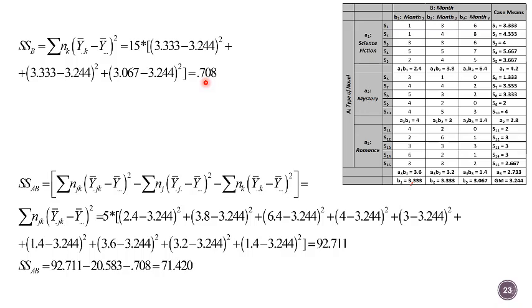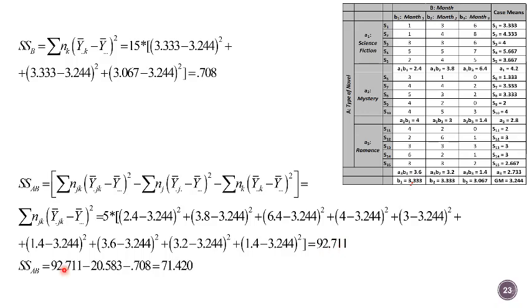Once we have all that, for AB, we're going to take each of the cell means: 2.4, 3.8, 2.4, 3.8, 6.4, 4, 3, 1.4, 3.6, 3.2, 1.4. Those are all 9 of those cell means to get this sum of squares between groups.